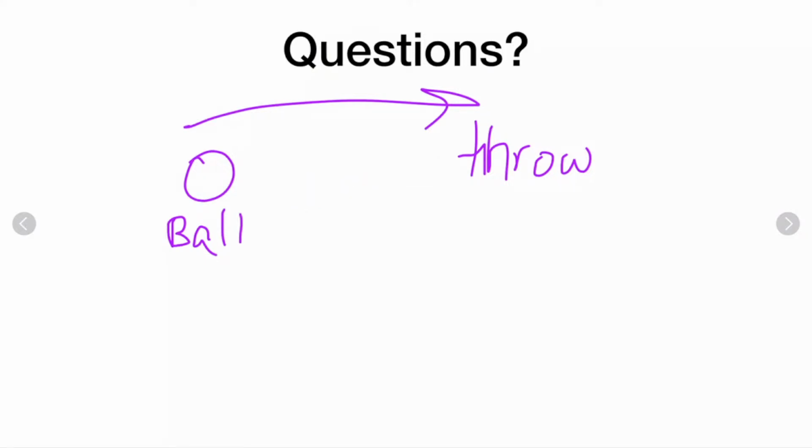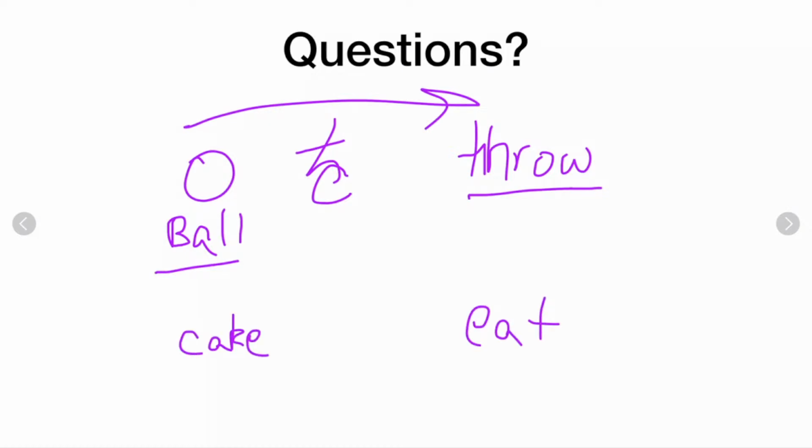So boru o and throw is how this works. So boru o nageru. So if you were eating something, and the verb is eat, and the thing that you're eating is cake, keiki o taberu. So that's how o works.